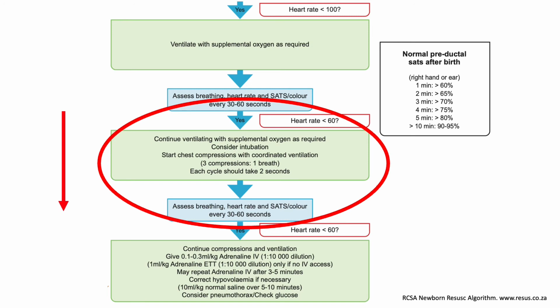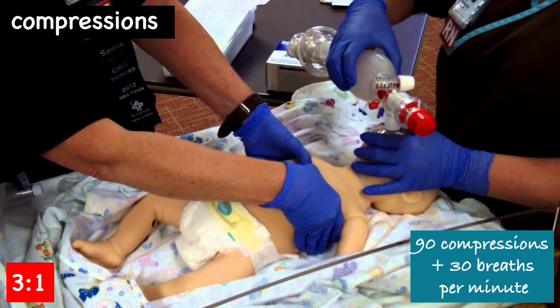So a compression to breath ratio of 3 compressions to 1 breath, and each cycle should take 2 seconds. This looks like compressions at the rate of 1, 2, 3, breathe, 1, 2, 3, breathe. And this results in a compression ventilation ratio of 90 compressions and 30 breaths per minute.